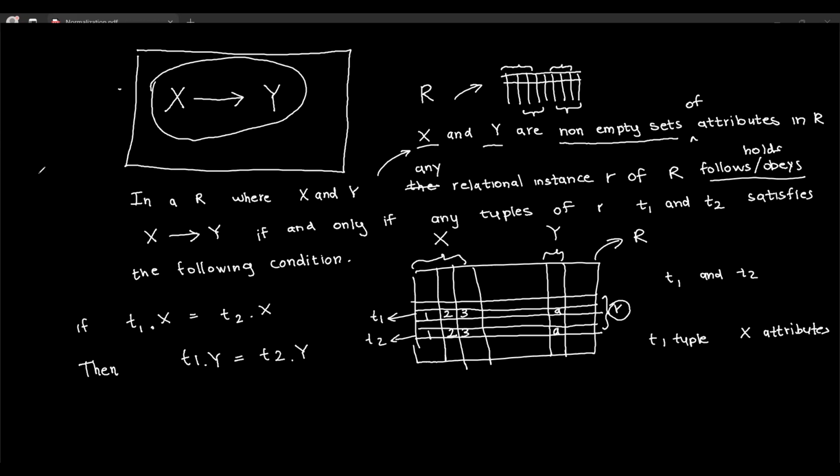To make this a little bit clearer, I will give you another example. Maybe a big example. Let's say there is a relation R1, and we have only three attributes, X, Y, and Z. There are values for X: 1, 2, 3, 1, 1, 2, 3, 2.